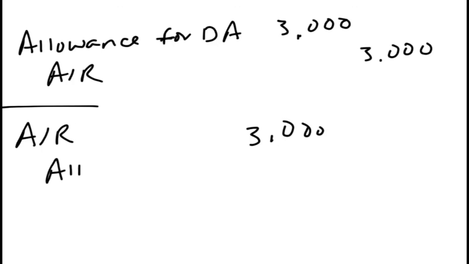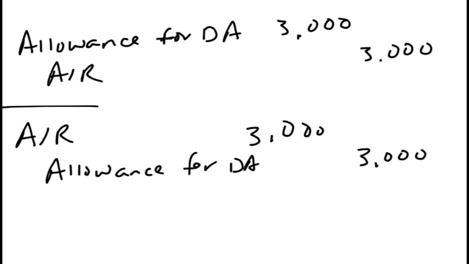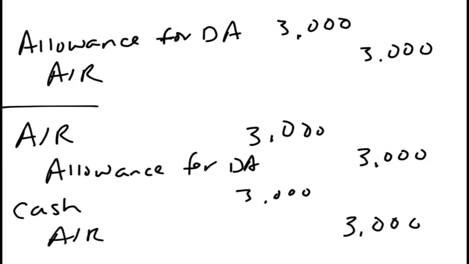And we need to credit or put back into allowance for doubtful accounts that $3,000 that we had previously used. Then we can record the receipt of cash for $3,000 and now the decrease in accounts receivable. They no longer owe us that money of $3,000.